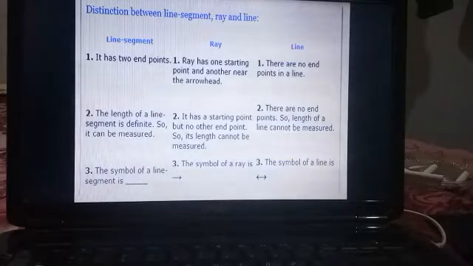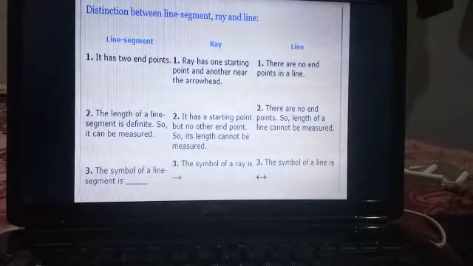The first point, a line segment has two end points. A ray has one starting point and another near the arrowhead. Means it has only one end point. It is also called the starting point, going in only one direction. In a line, there is no end point.